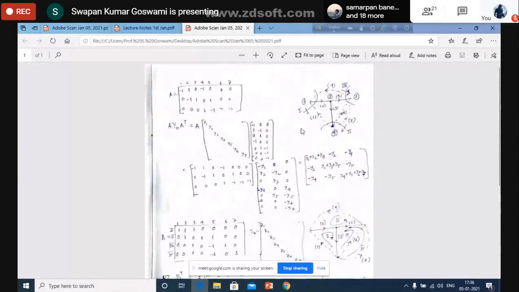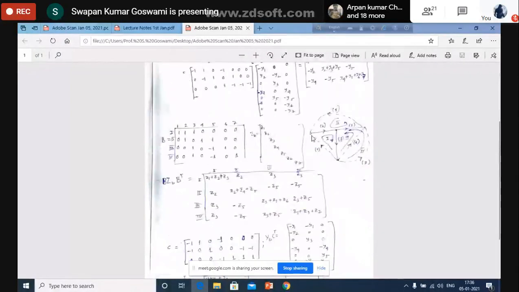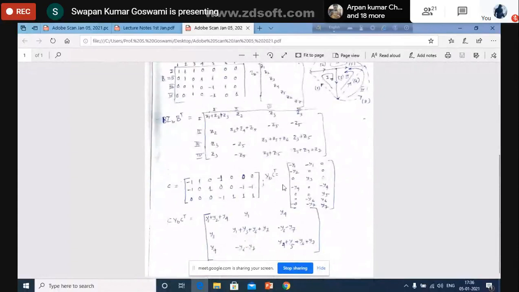These are the cut sets for the simple tree, and this is the C matrix. I have written YBC transpose to help you follow the steps. Then CYBC transpose is multiplied and the product is written here. Okay, and this is the product obtained.